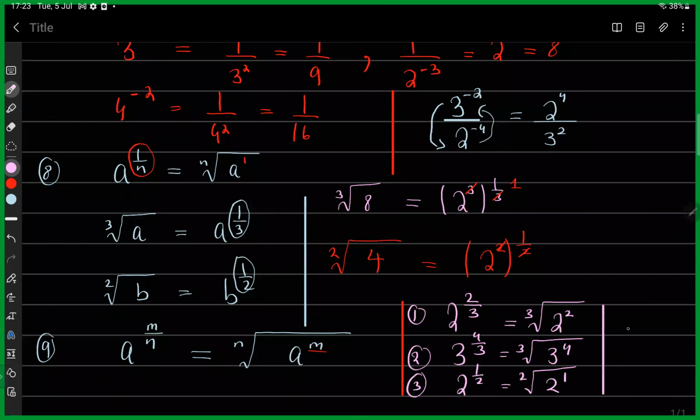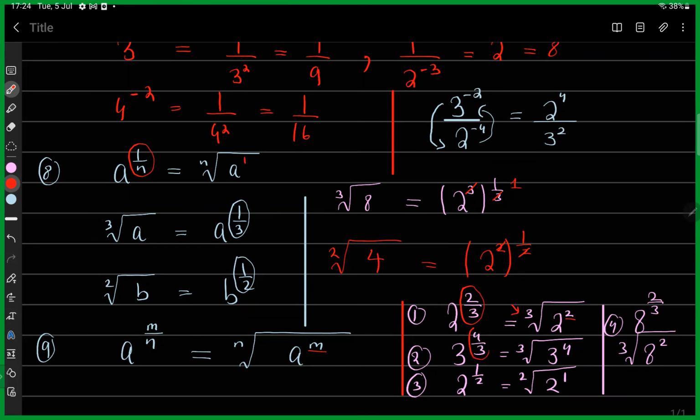Then one last example. Let's say you have, can you repeat it? Yes, I am repeating it. Don't worry. Imagine you have a number. The number is 8. The power of 8 is a fraction. Let's say 2 by 3. The numerator of the fraction would become the power and the 3 would basically become the root. So it would be cube root. Here we had 2 by 3. So 2 became the power and 3 was basically the cube root.